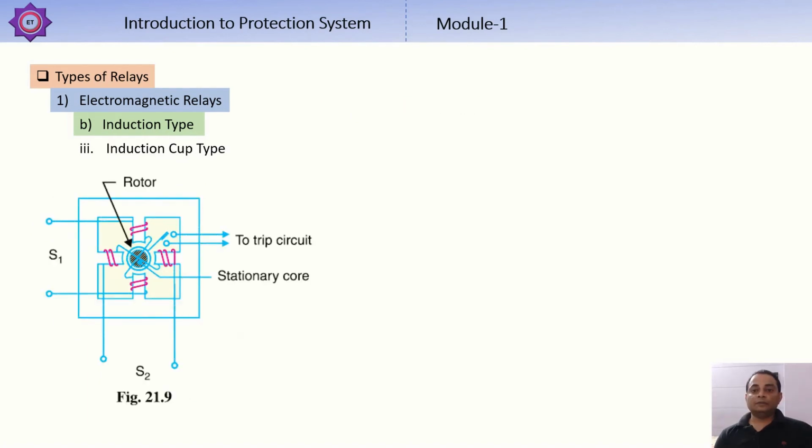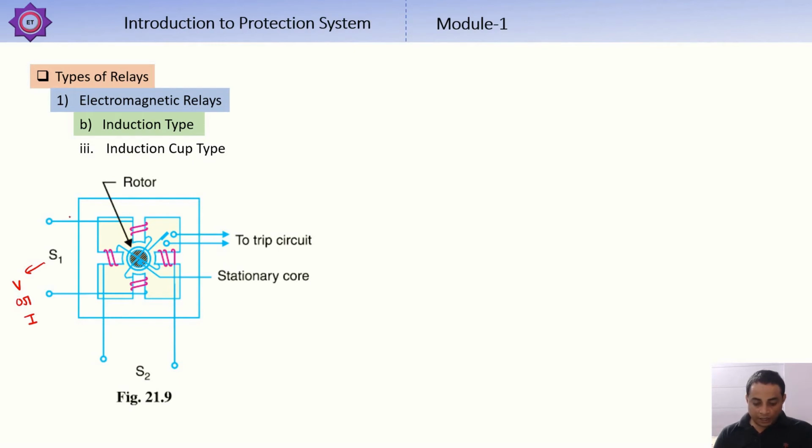shorts the trip circuit contact. As a result, the circuit breaker opens its contact. Next, induction cup type. Induction cup type relay is a doubly excited system. S1 can be a voltage or current quantity.